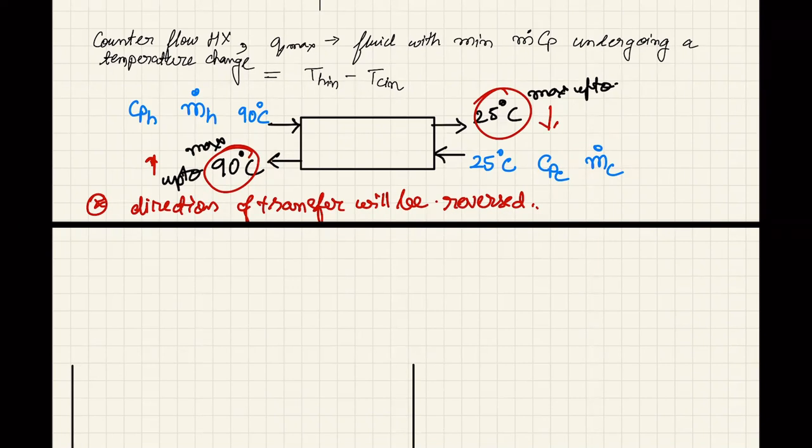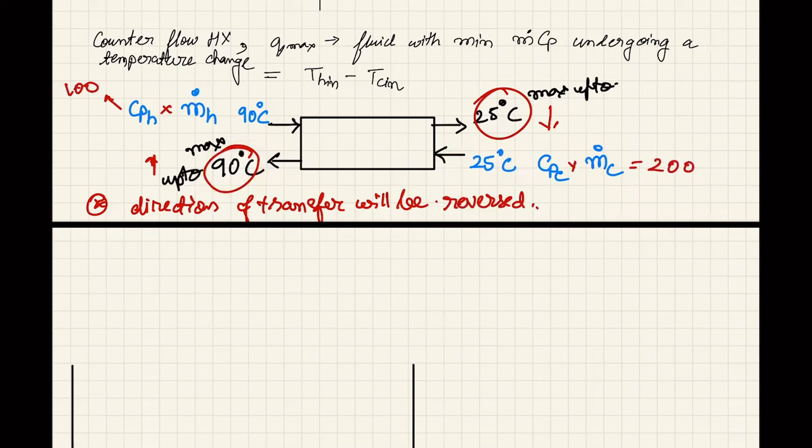So look, we have fixed the delta T on this side. So MCP minimum times the delta T maximum. Because let me now put some numbers, just to give an idea. The product of these two comes to 100 in some units, and the product of these two comes to 200. All right.